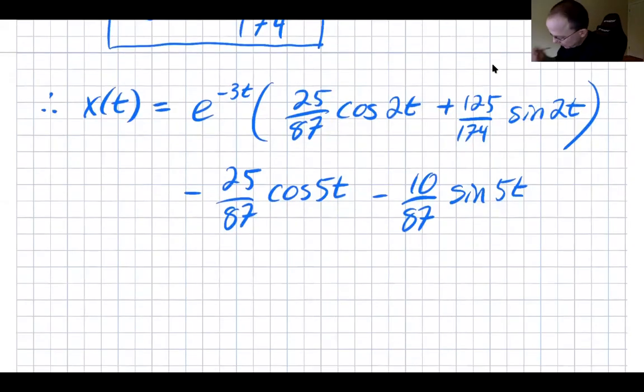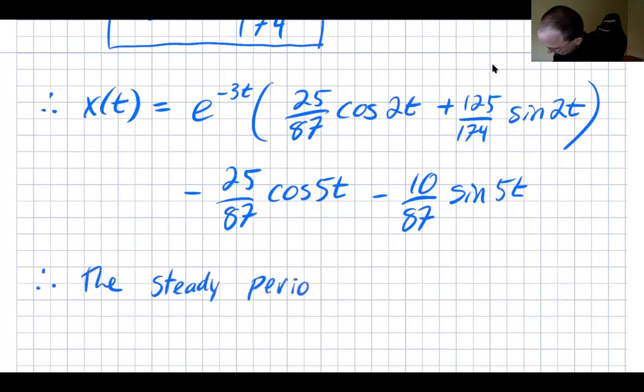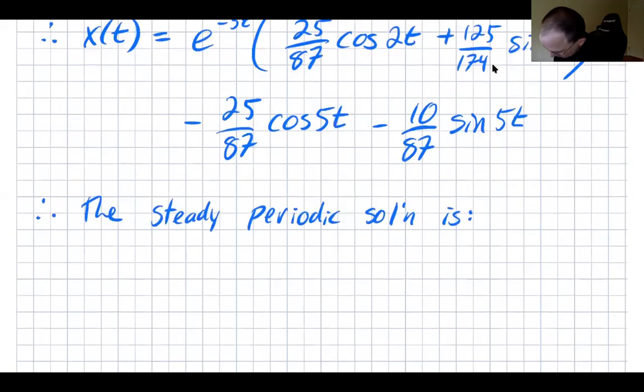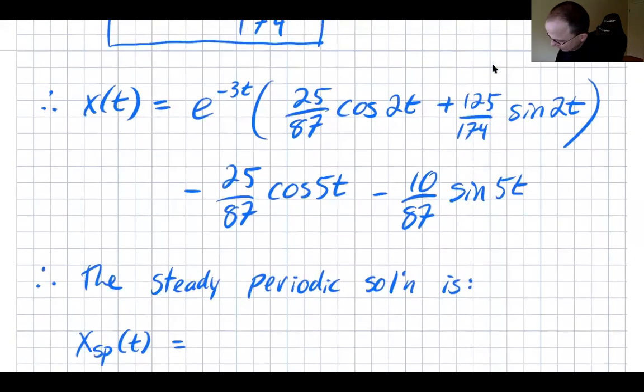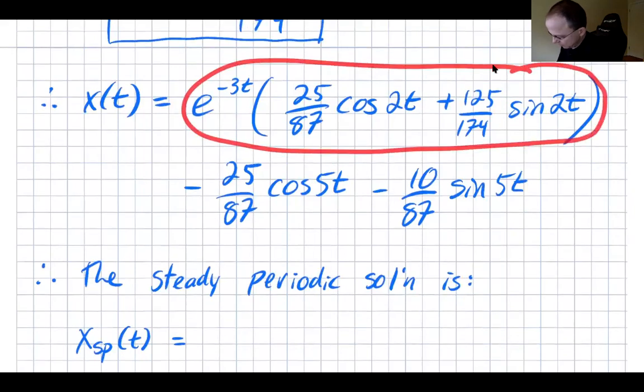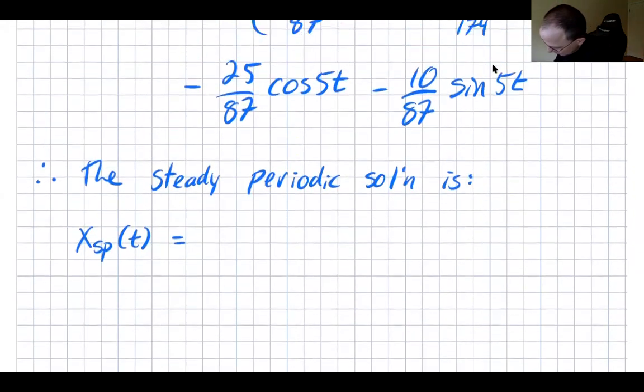So therefore the steady periodic solution is, SP for steady periodic, going to be this part right here. So that's the steady periodic component, and then this is the transient part. Okay, so the steady periodic solution is this.